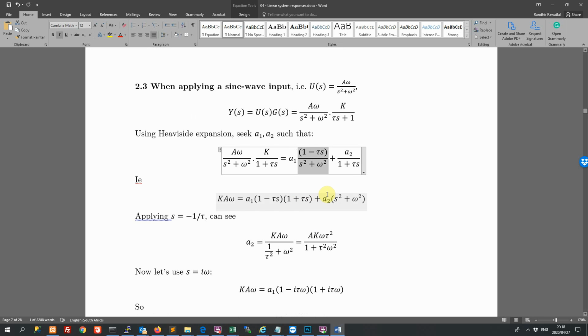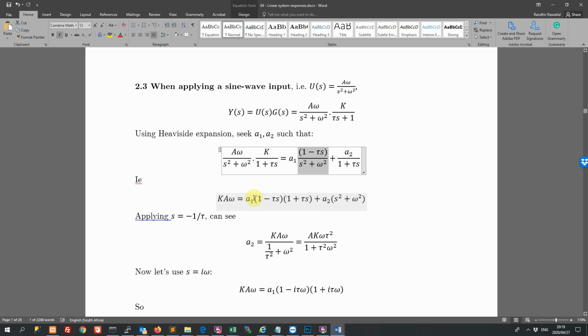And I think here I am showing the steps involved. So if we adopt this form, if you multiply out by s squared plus omega squared times 1 plus tau s, of course the left hand side becomes ka omega, and then the right hand side becomes A1 multiplied by 1 plus tau s, and A2 times s squared plus omega squared.